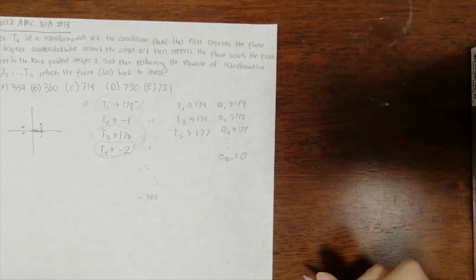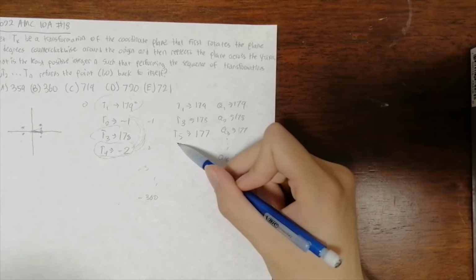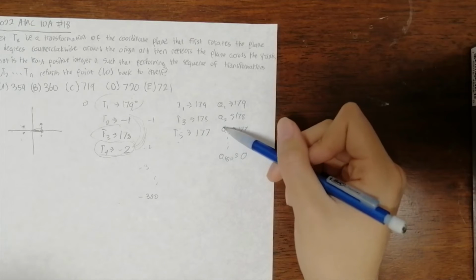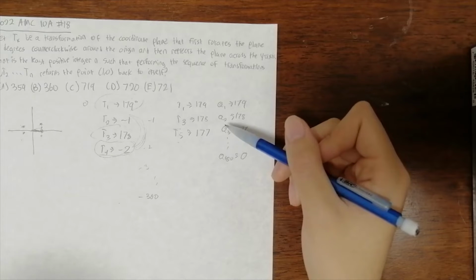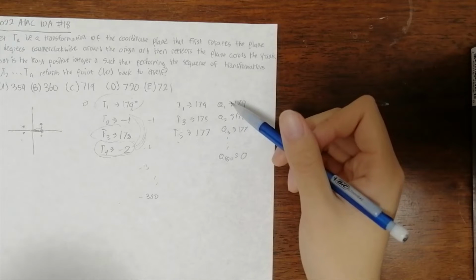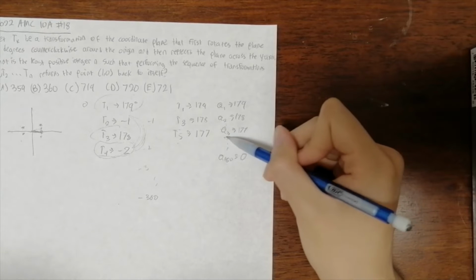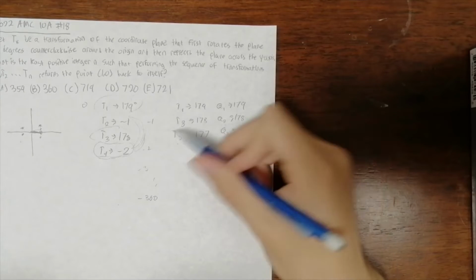Notice that to get from Q to T, we multiply the subscript by 2 and then subtract 1.